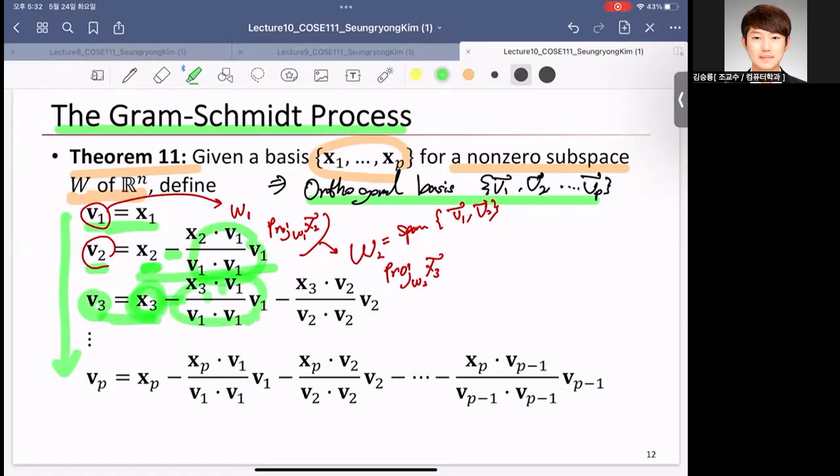x3 inner product V1 over V1 inner product V1 times V1, minus x3 inner product V2 over V2 inner product V2 times V2, and so on.